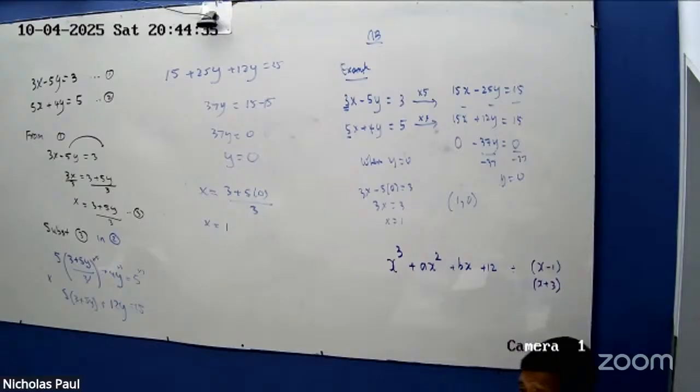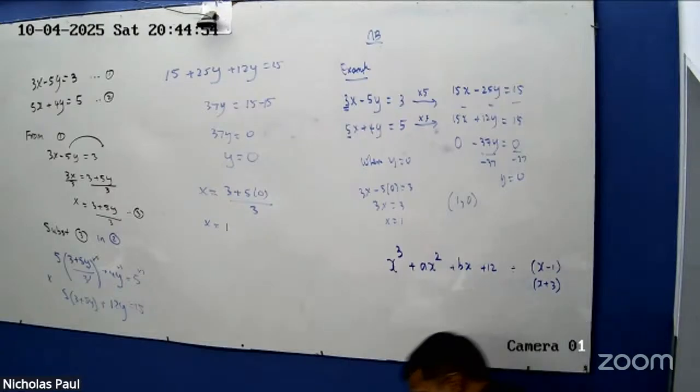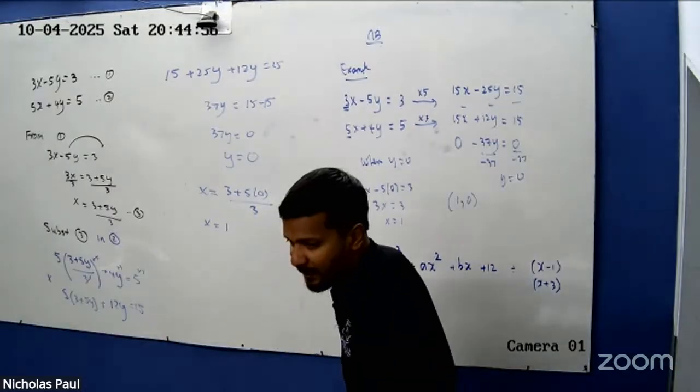Part 1, find the value of a and b. And part 2, find the remaining factor.